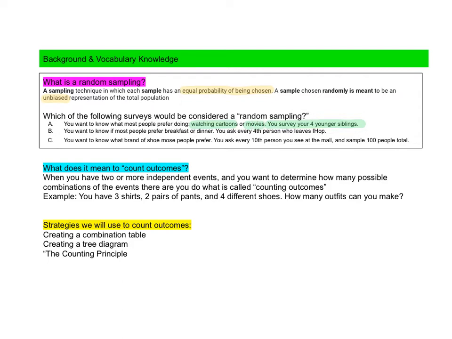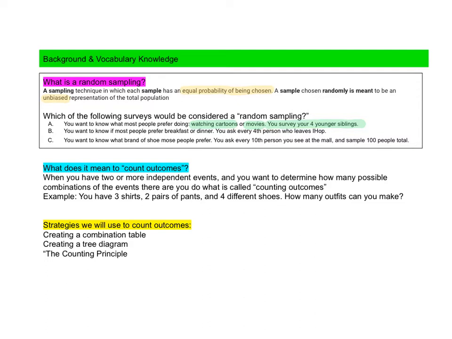Well, in my opinion, this would not be a random sampling because there's going to be a little bit of bias. If you know children tend to like cartoons a lot more than movies. And so there's probably not the most equal probability of being chosen because your 4 younger siblings might all have a lot of the same likes or dislikes because they grew up in the same household.